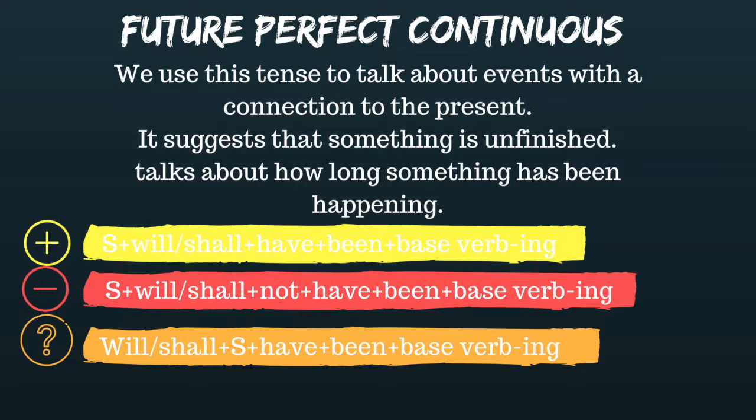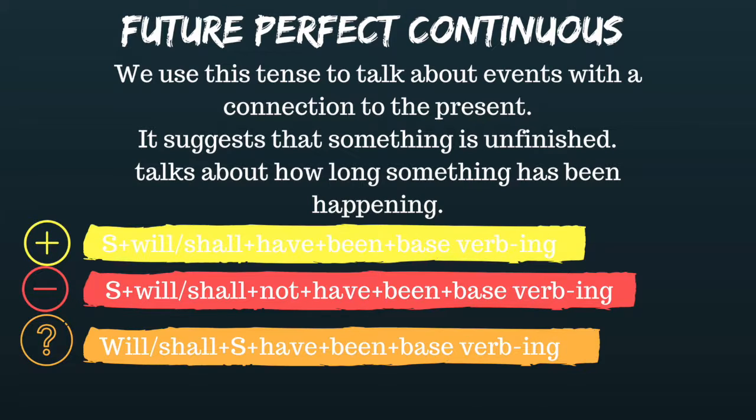So we have the affirmative form, negative form, and interrogative form, exactly the same as the other ones, right? So we have the subject plus will or shall plus have plus been plus a base verb in ing.